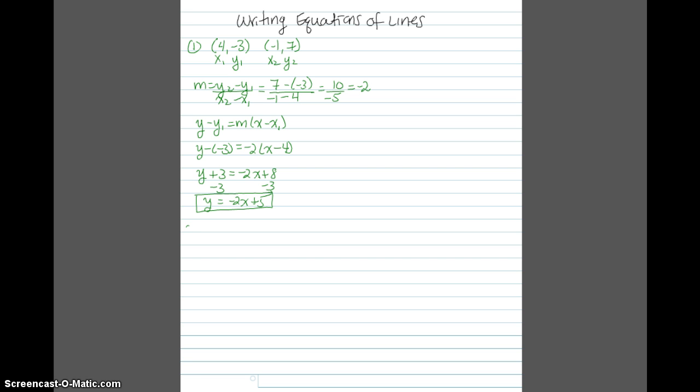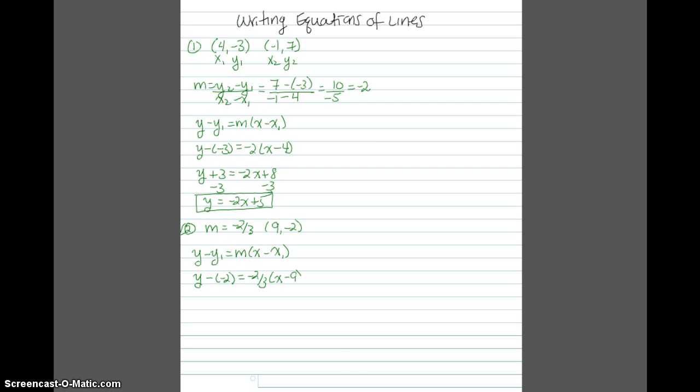In the second example, we are given a slope. Our slope here is -2/3, and our point that was given was 9, -2. So here we don't need to calculate the slope, we can go right to the point slope formula. Remember, I'm substituting in for x1 and y1 only, y and x stay letters y and x.